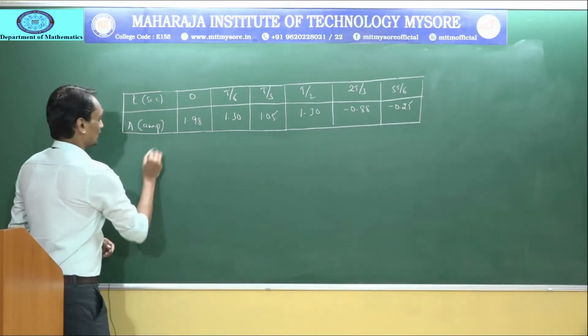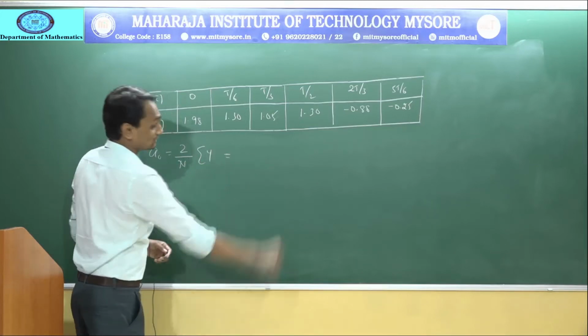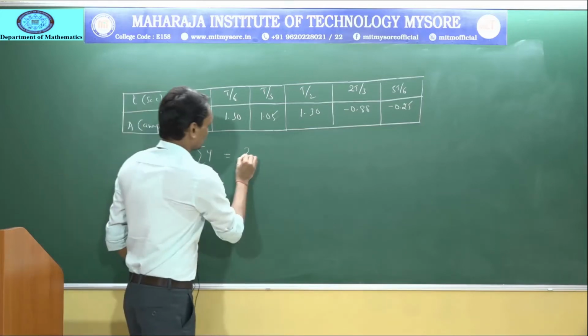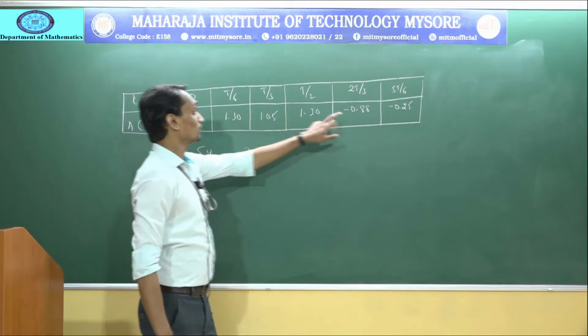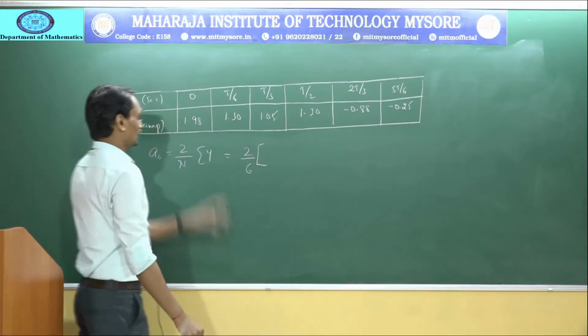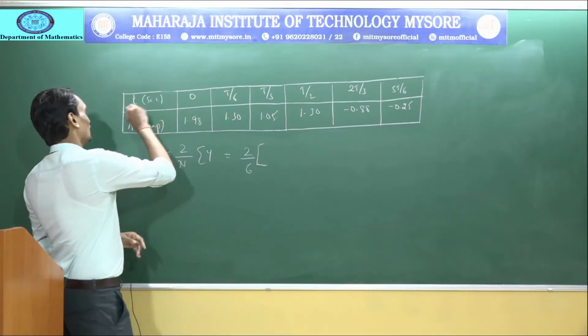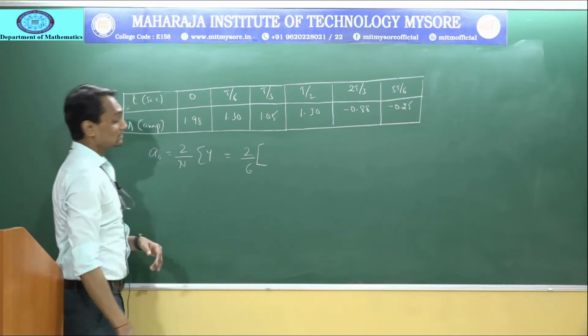First I will calculate the a0 value. a0 equal to 2 by n into summation of y, which is equal to 2 by n, where n is the number of terms, 6. So 2 by 6 into bracket. Now I add all the values. Call this one the x value and this one the y value.